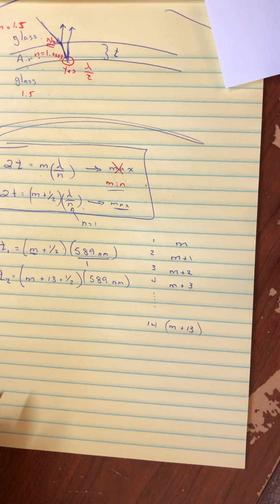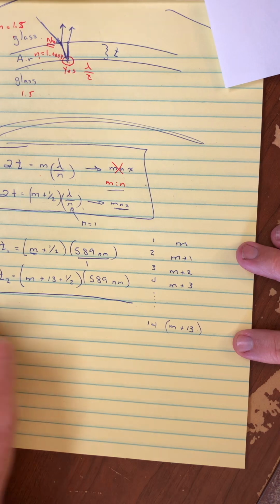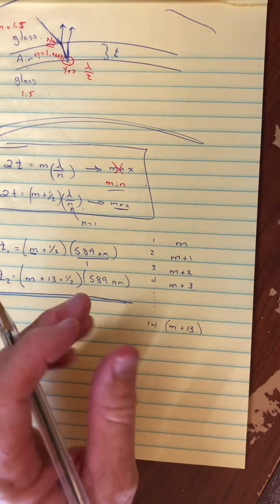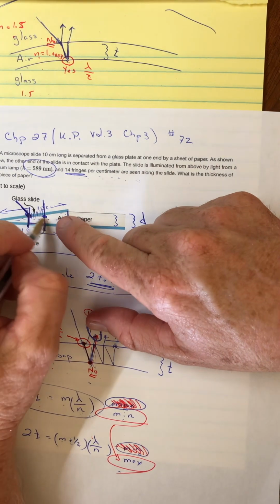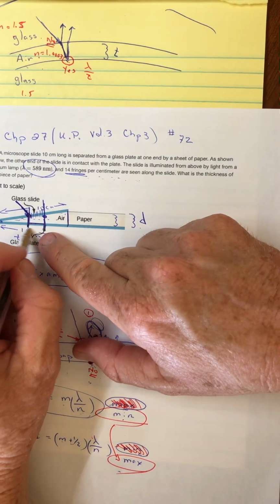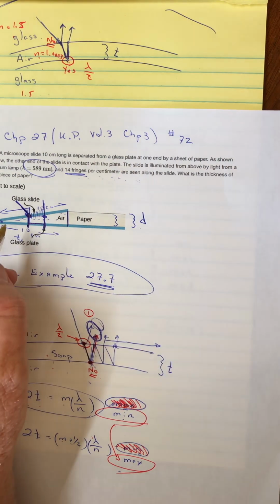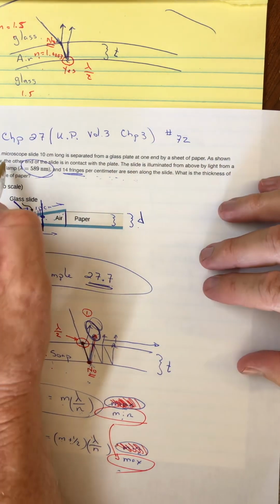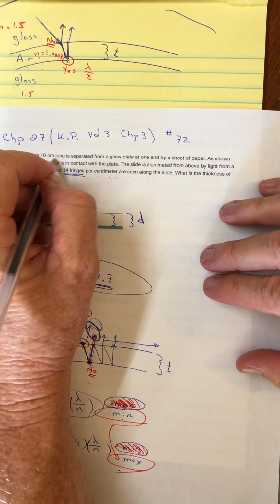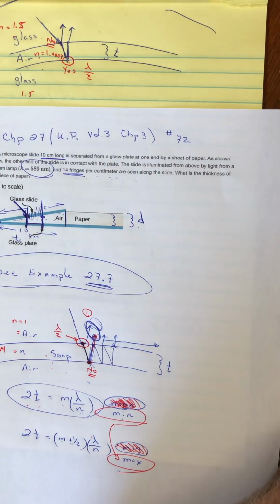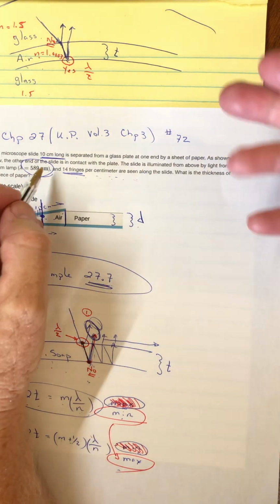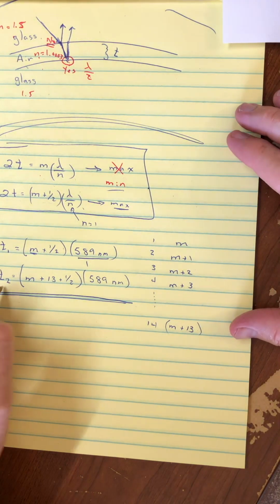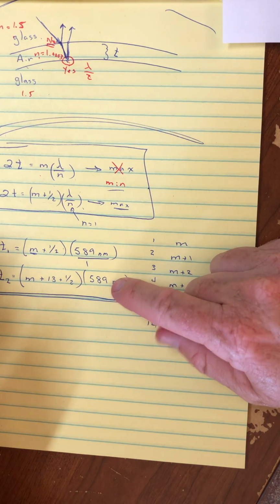The reason I did all that is because I might be curious just how much this glass slide rose over that 1 centimeter. Ultimately, we want to know how much it rises for 10 centimeters. So if I can figure out how much it went up for the 1 centimeter, I'll just multiply by 10.